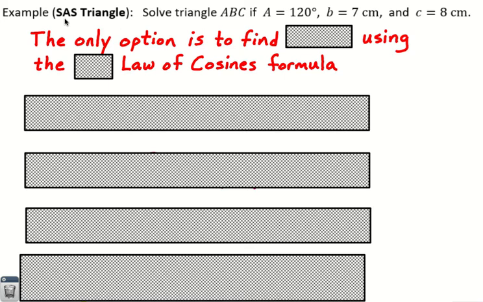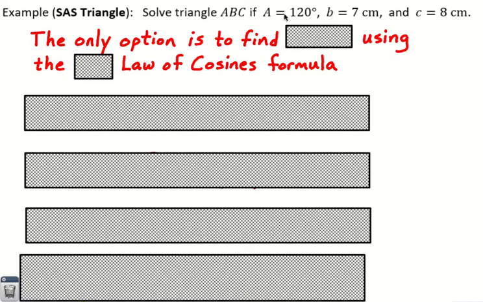The answer is yes. So what that means to us here is that when we work to solve for this triangle, there's only going to be one answer. There's going to be one answer for sure, and it's going to be the only answer possible that we can get.